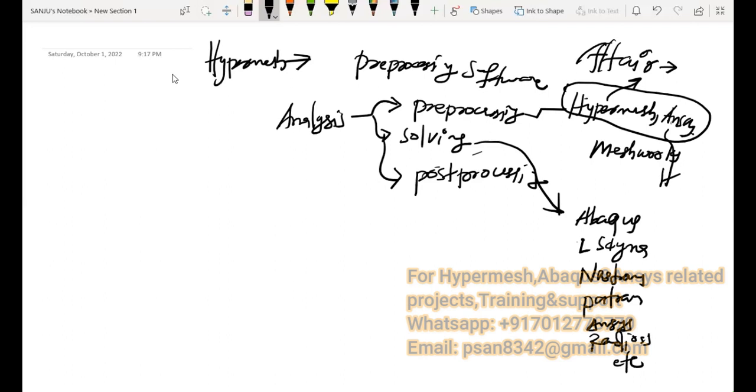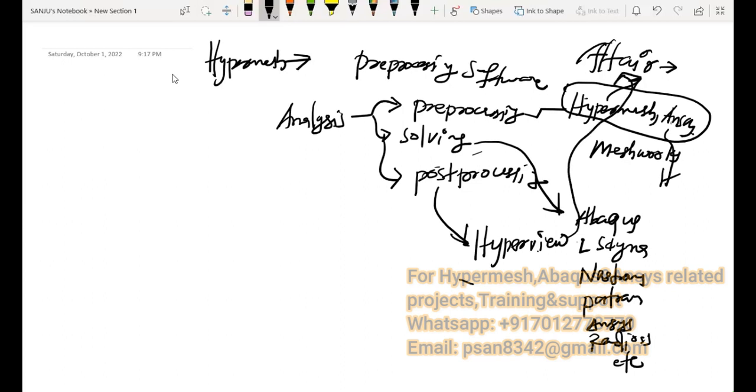Then coming to the third stage, that is the post-processing part. Here also multiple softwares are used. In our training we will be using Hyperview, which is again a product from Altair.